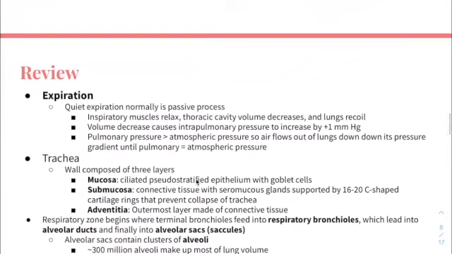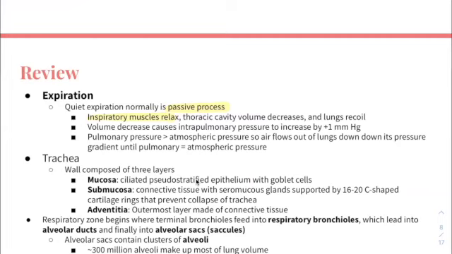Quiet expiration, that's a passive process. That's a process where it just kind of happens naturally, because the muscles we use to breathe in will relax. And think about it, if your intercostal muscles start to relax, that causes your thoracic cavity to go down, which causes your lungs to decrease in size, which causes air to go out.